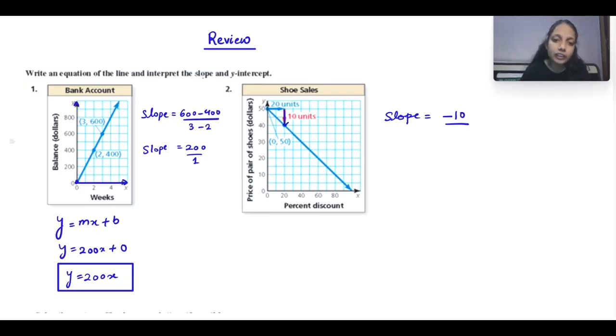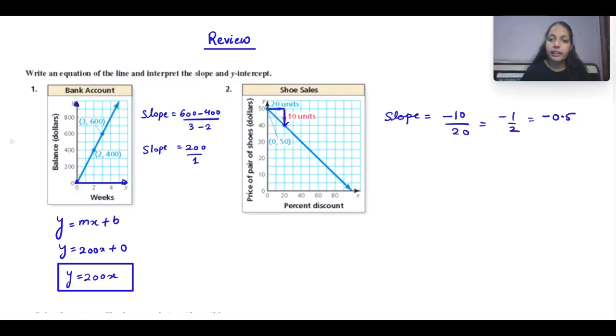And what is the x change? It's 20 units. 10 by 20 is half. So it was negative, so I will write negative half. So the answer is negative 0.5. And what is the meaning here? The slope means the price of the pair of shoes decreases by $0.5 for every 1% discount.